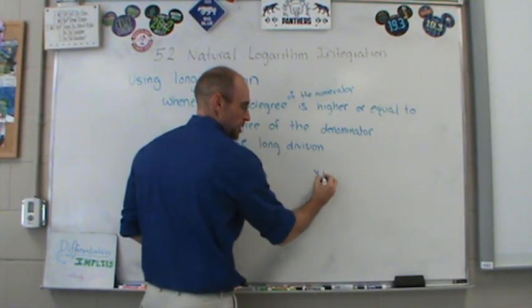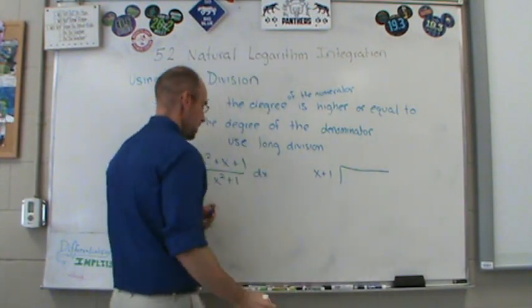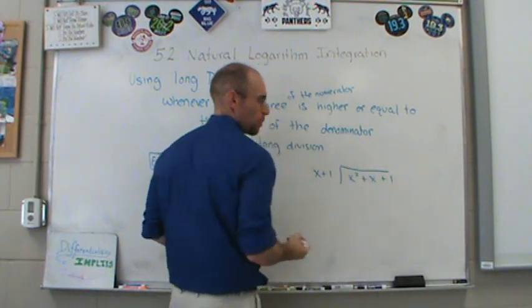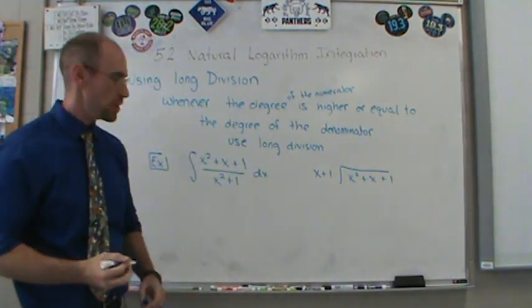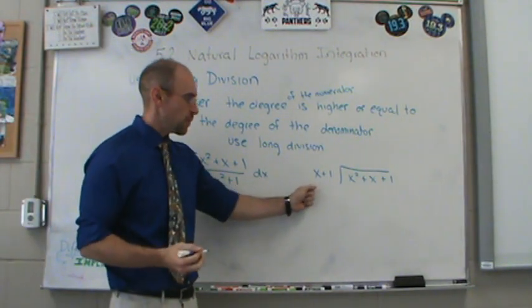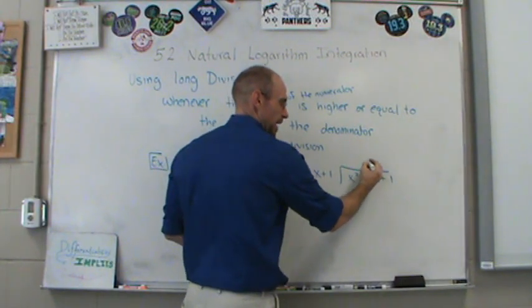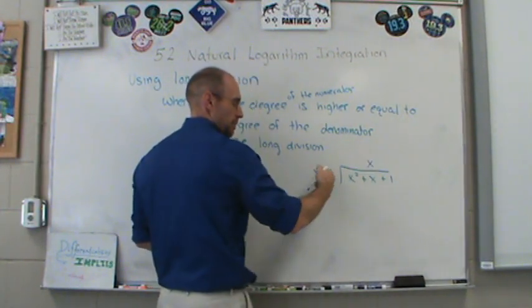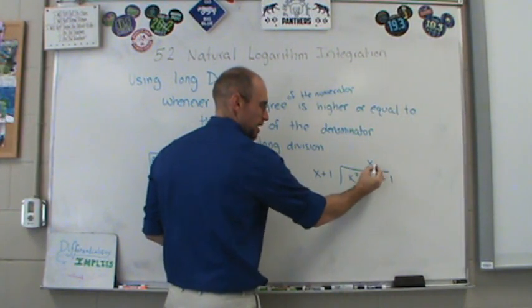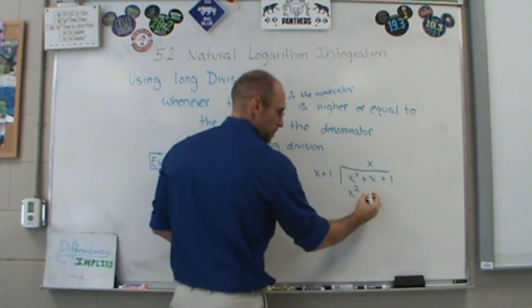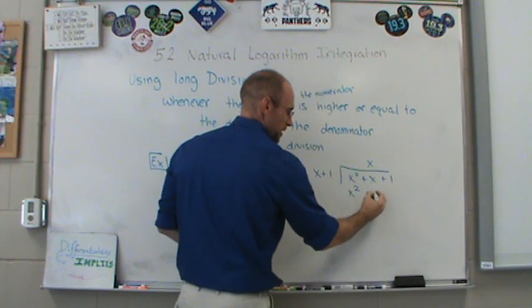So we have x plus 1 into x squared plus x plus 1. We've got to remember those rules of long division. We're going to take that x, and what do I have to multiply x by to get x squared? We have to multiply it by x. Put the x up there, I'm going to multiply and get x squared. Now, here I get plus x.